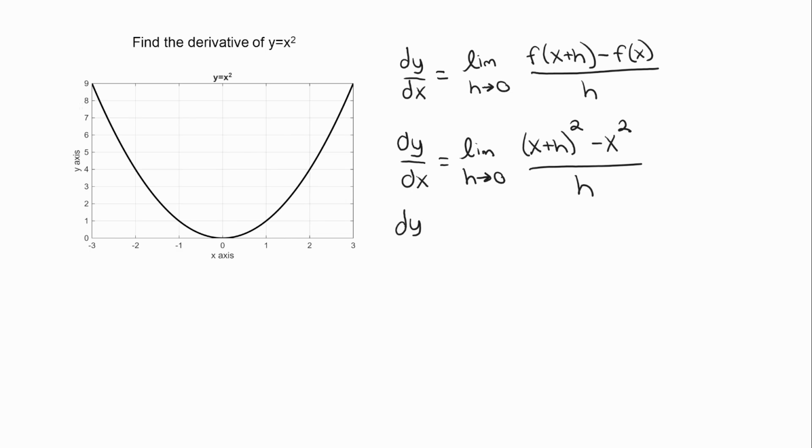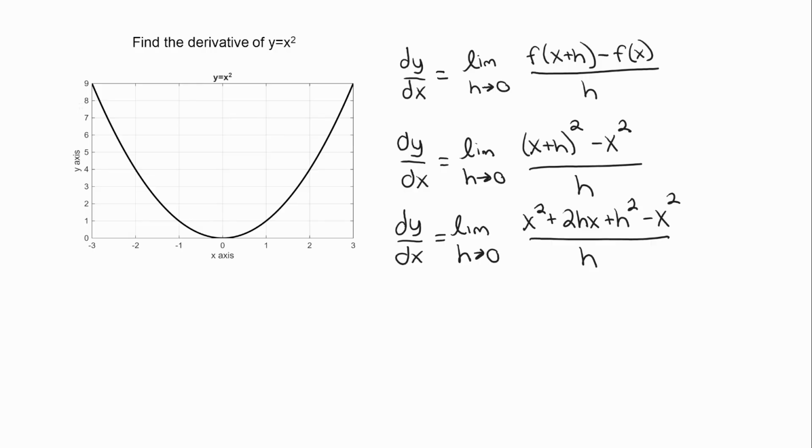So if we take dy over dx, carry that down, it is equal to the limit of h approaching 0. If we expand our quantity here, we're going to have x squared plus 2 times h times x plus h squared, minus x squared, still divided by h. We can see our x squareds will cancel here because we have an x squared minus an x squared.